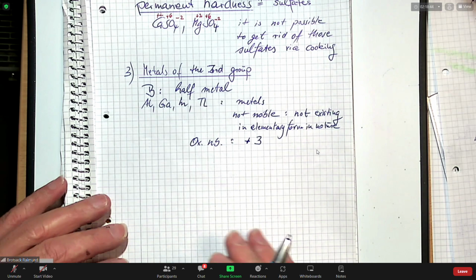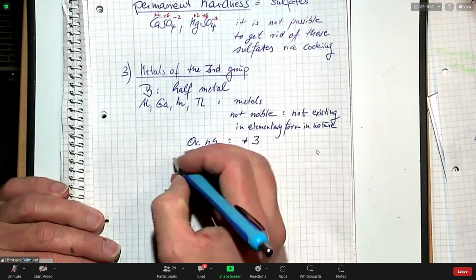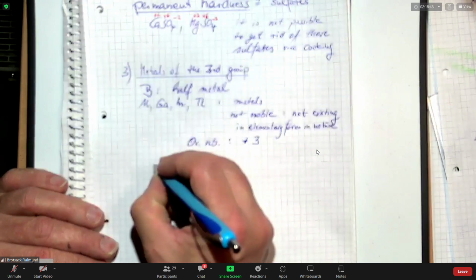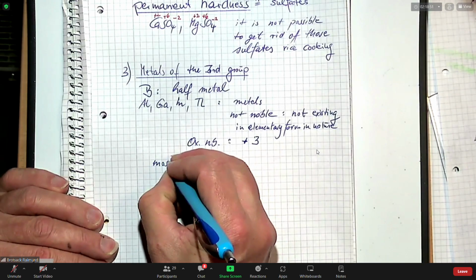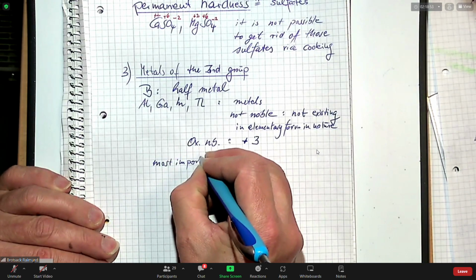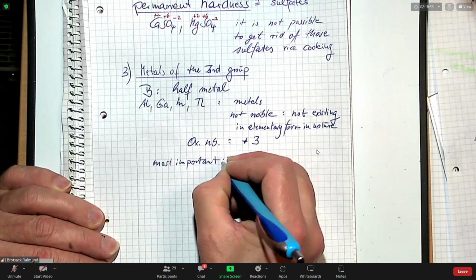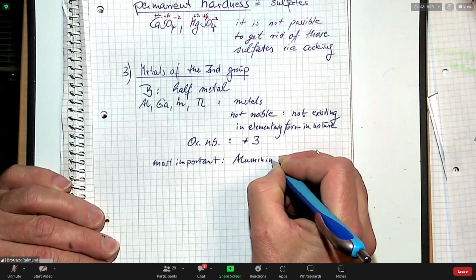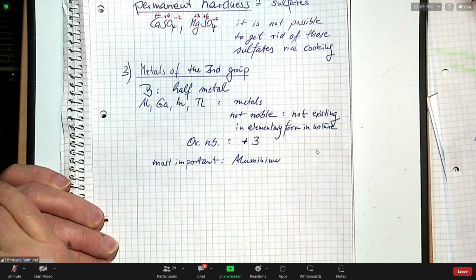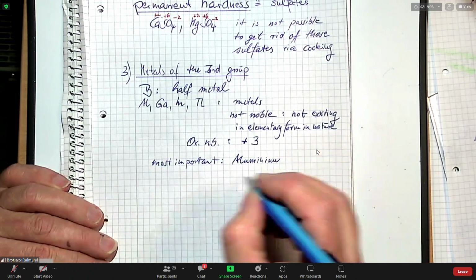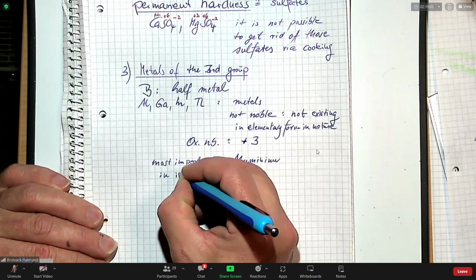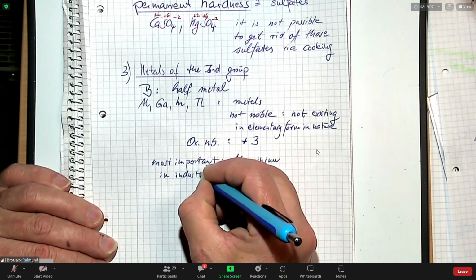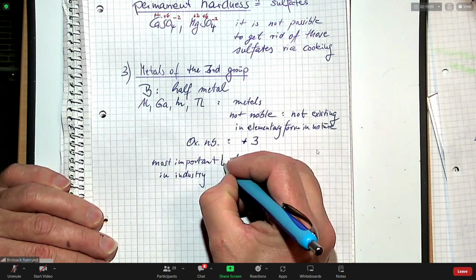So aluminium is important, the most important in this group. Aluminium. Most important in industry. That is the aluminium.